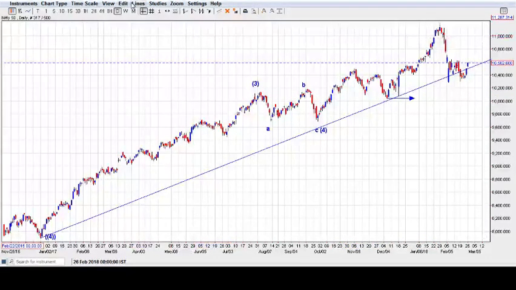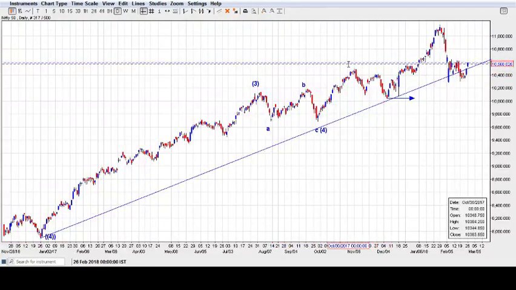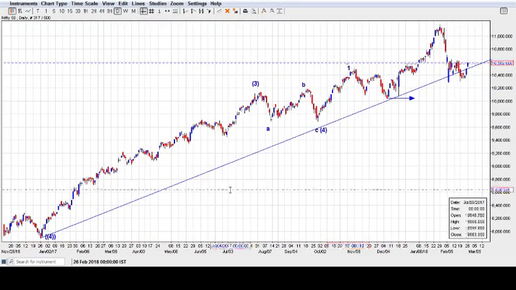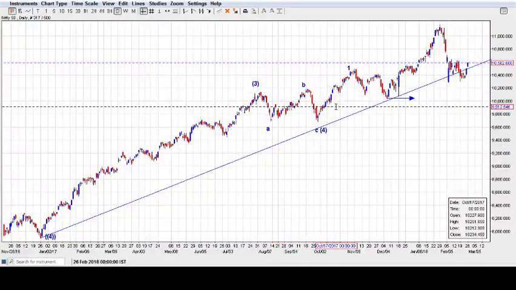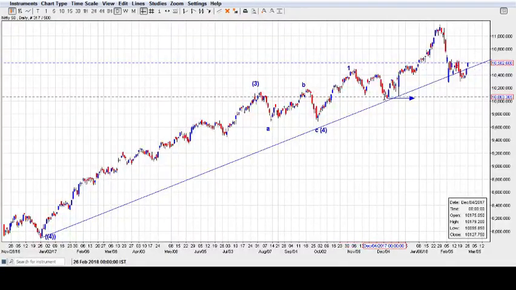And let's do the wave count now. It's now pretty clear that the last leg, that is the fifth wave, is progressing right now.